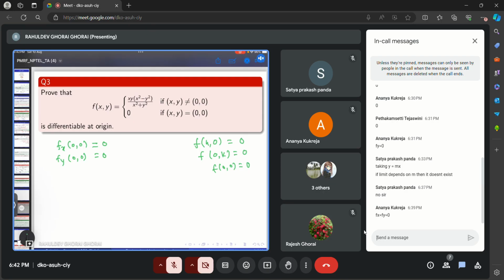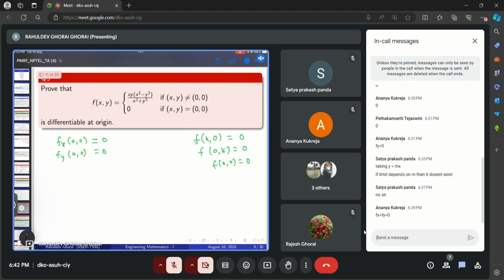And in this case, since the partial derivatives exist, we'll see whether the function is differentiable. So you try to find out the limit like we did. So you check the limit as (h, k) tends to (0, 0). The partial derivatives were 0, and f at 0, 0 is 0.